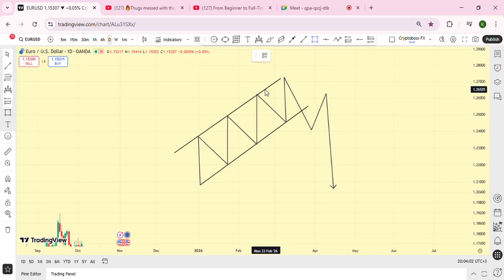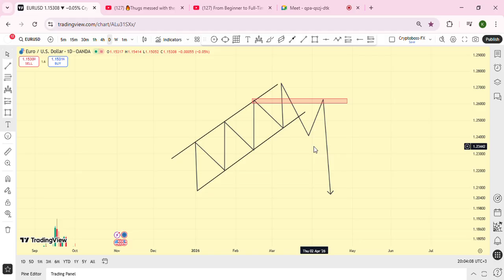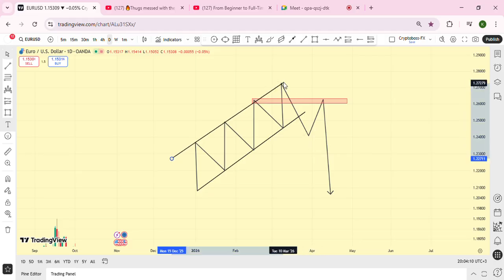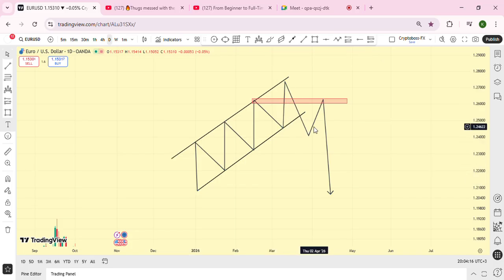So now upon the retest, that's when we are going to have the formation of a complete head and shoulders pattern. That is when the market will completely form the head and shoulders pattern. So this is how it will be. So you are going to have a shoulder.